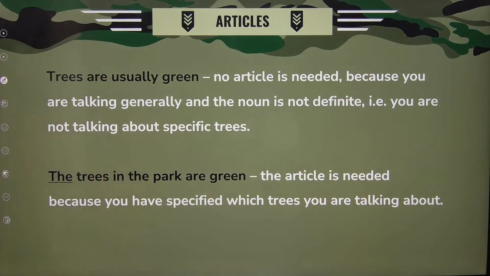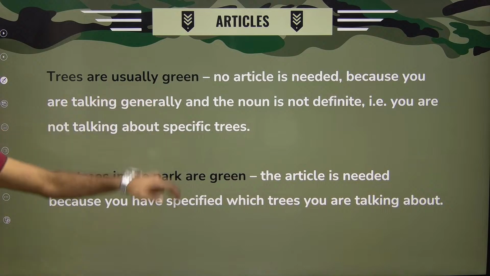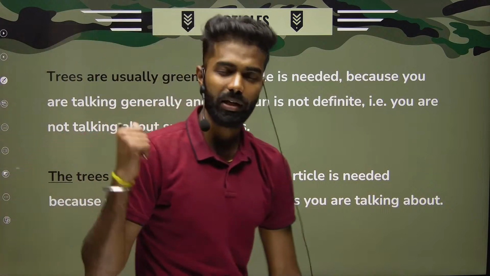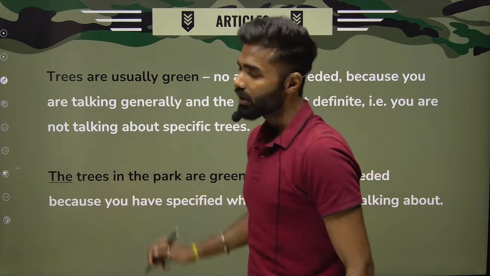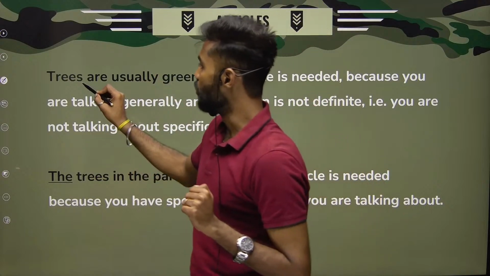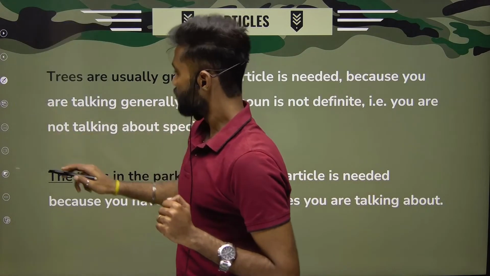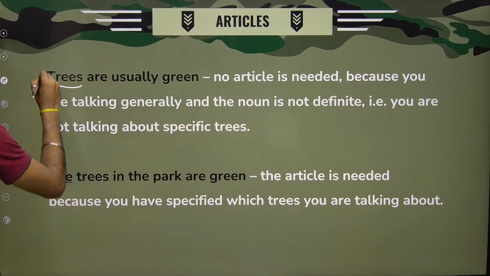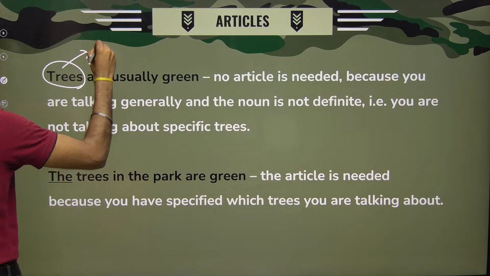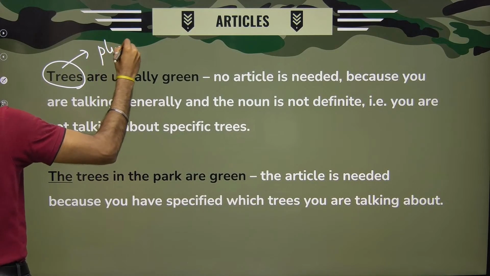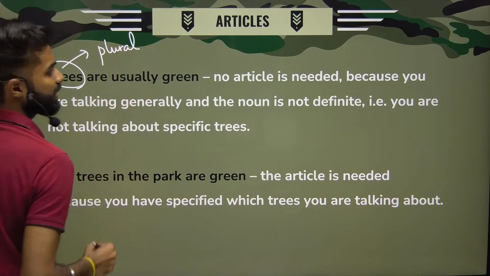So, yeah. Articles. See, trees are usually green. Now, let us look at this sentence. Trees are usually green. Now, what I have to do? Trees. Plural. Okay. What is the case of plural?